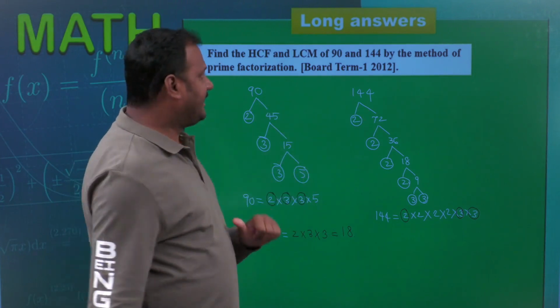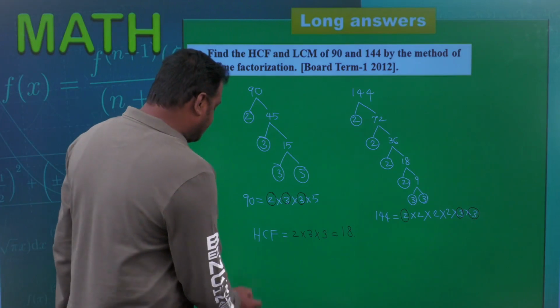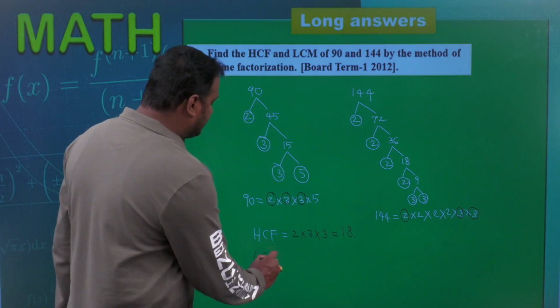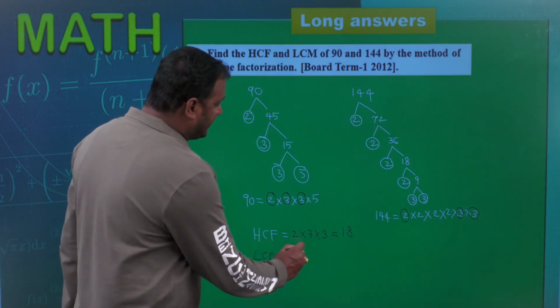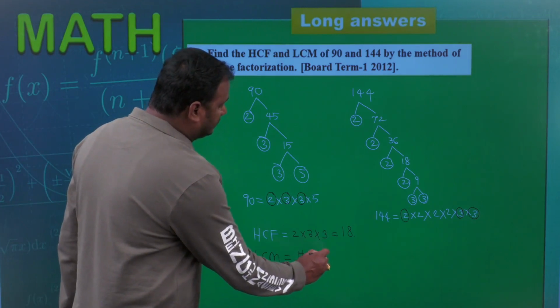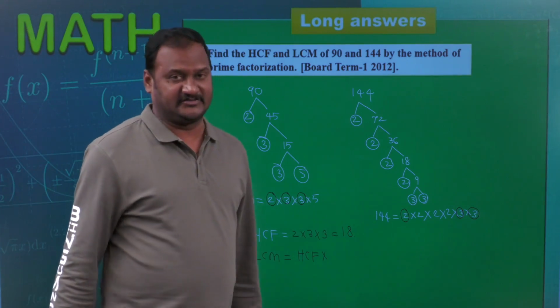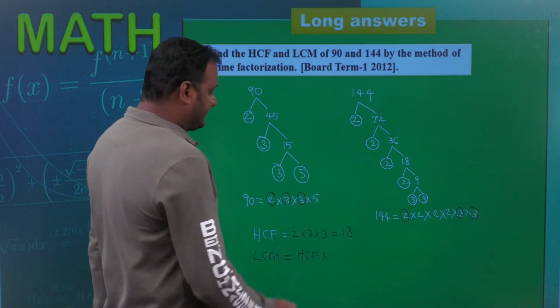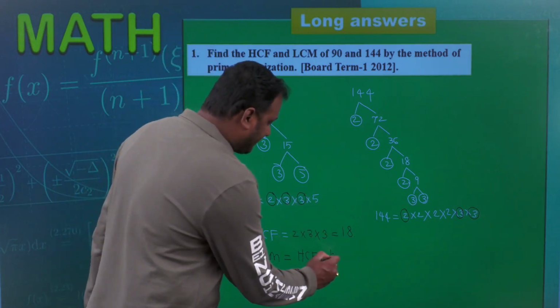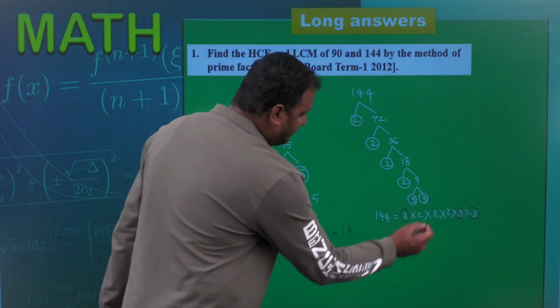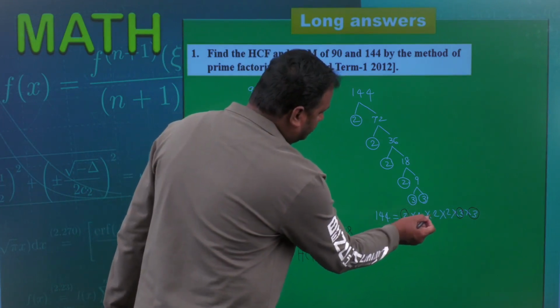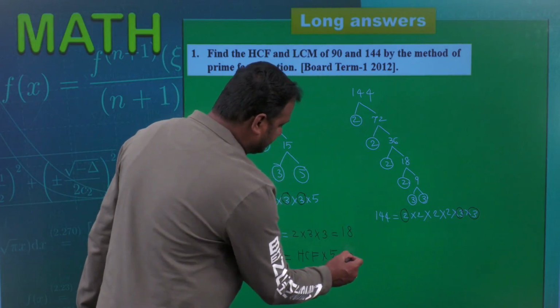Got it? And what is the LCM of these two numbers? So LCM of these two numbers is going to be HCF into the other factors of both 90 as well as 144. So the remaining factor is 5 here, and here the remaining factors are 2 into 2 into 2, 2 2s are 4, 4 2s are 8.